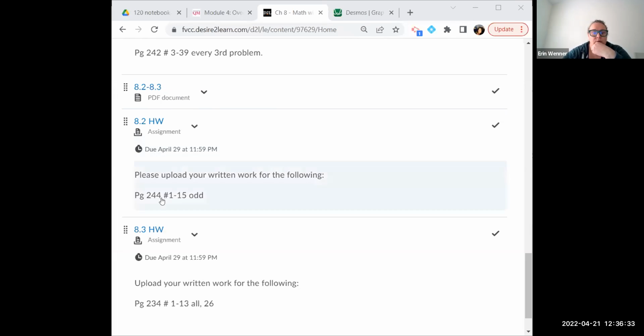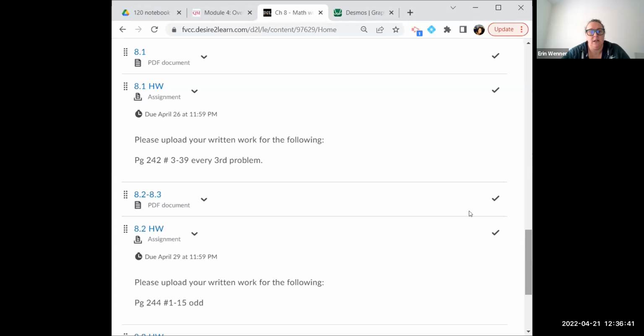We've got page 244, numbers 1 through 15 odd. And 8.1, in case you hadn't looked at that yet, is due April 26th. It's page 242, numbers 3 through 39, every third problem. So we've got those 2 homework assignments coming up that will be due. But I'm going to wait and cover 8.3 on Tuesday, when we meet up again after the weekend.